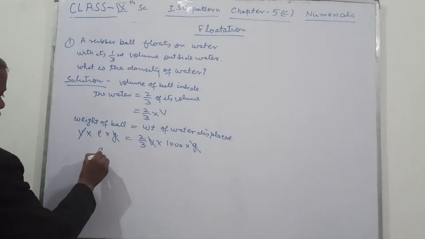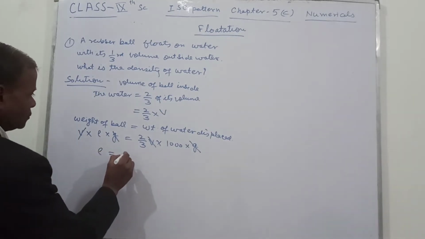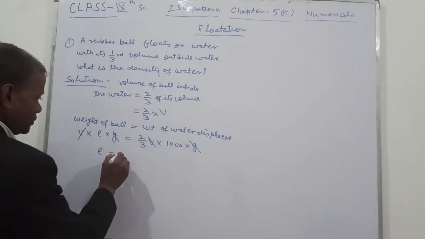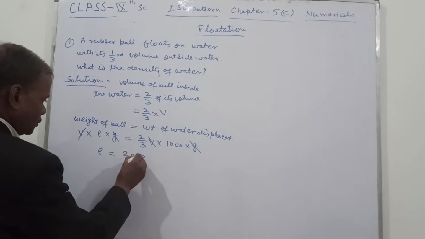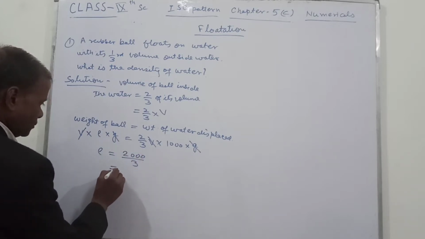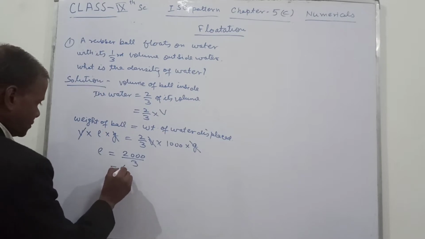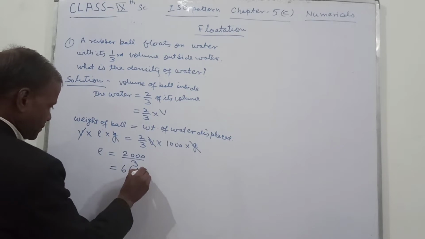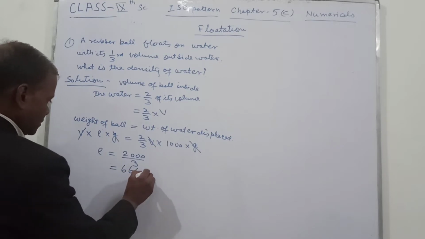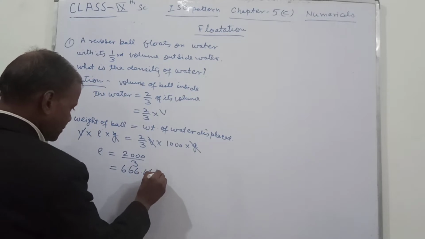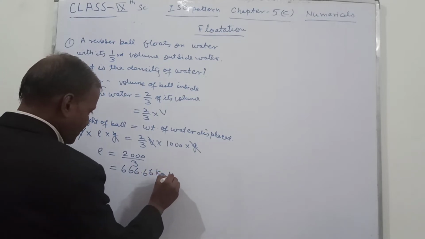So density rho is equal to 2000 upon 3, which is 666.67 kilogram per meter cube.